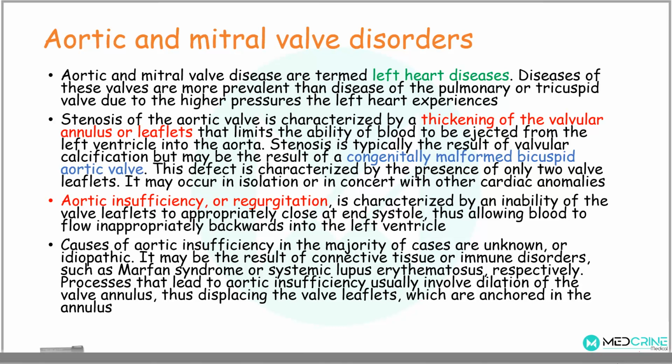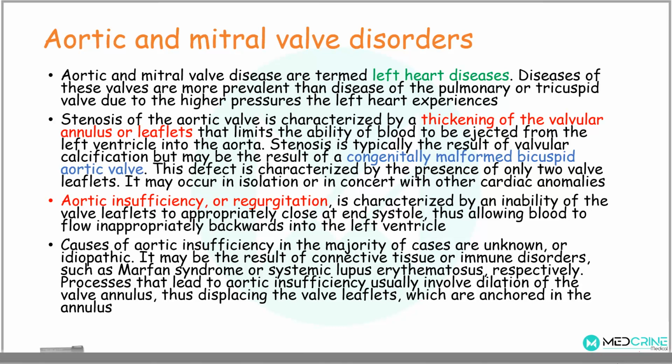An aortic insufficiency or regurgitation is characterized by the inability of the valve leaflets to appropriately close at the end of each systole. This allows blood to flow inappropriately backwards into the left ventricle.